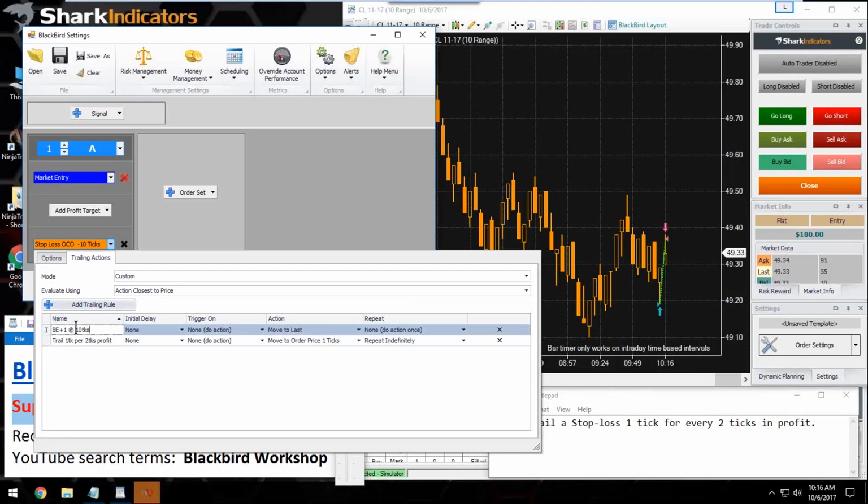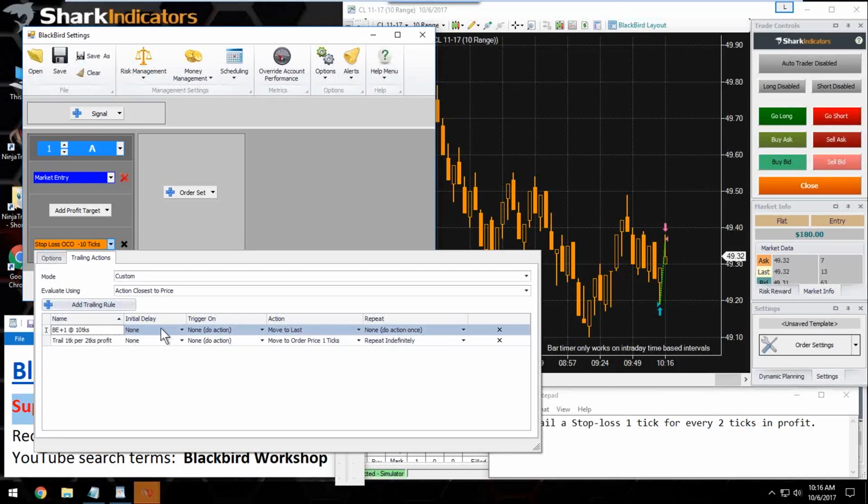So when we get 10 ticks in profit, we'll move the order to break-even plus 1, and then start trailing 1 tick for every 2 ticks in profit.